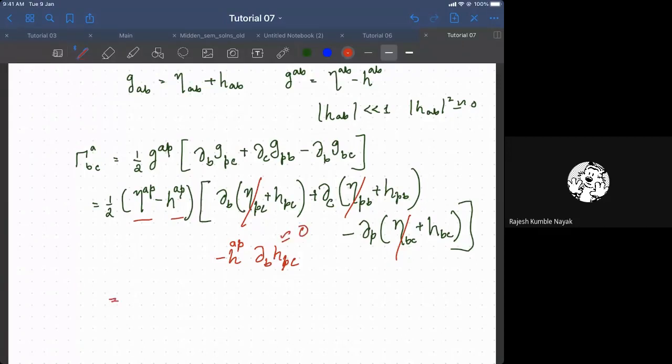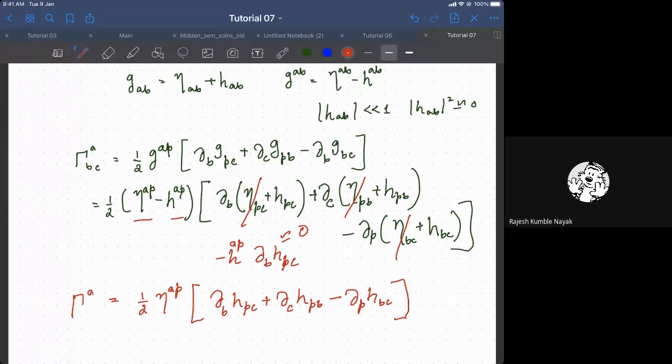So what we are left with here is simply half eta AP into differentiation of H with respect to B, PC, plus differentiation of HPB with respect to C, minus differentiation of HBC with respect to P. So this is what we have for gamma ABC.